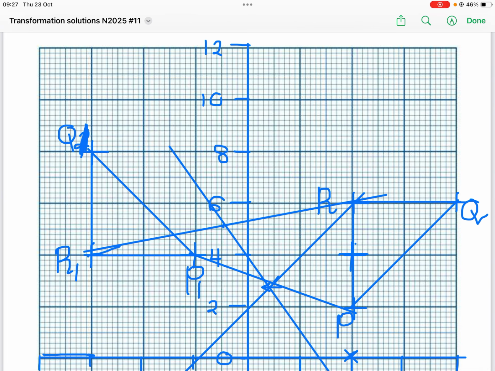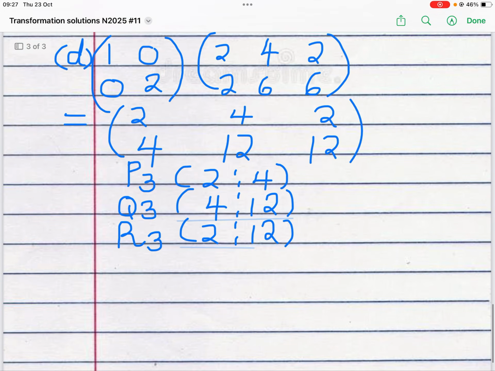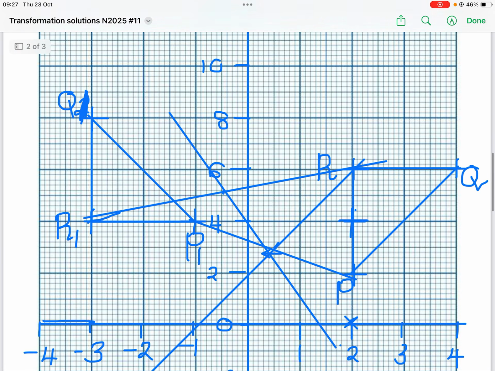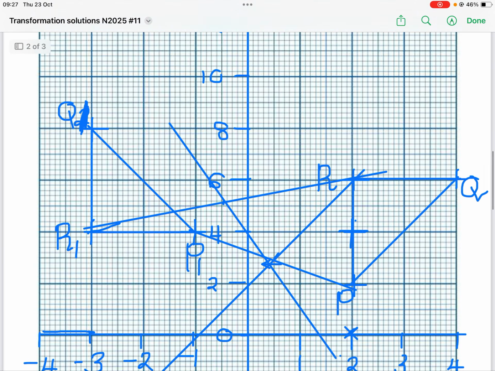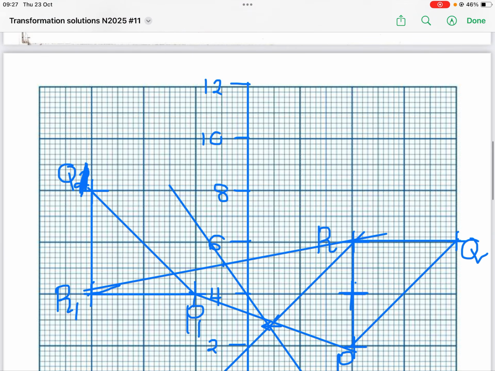Right? And then next we want to plot the point (4, 12). 4 in the x-axis and 12 in the y-axis. It is this point. So let me label that this one is P3.